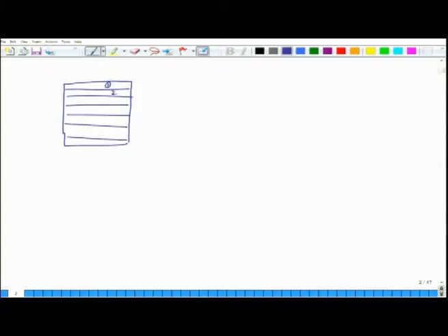This could be 1, 2, 3, 4, 5, 6, or whatever number of layers, and each layer could be different in terms of material properties, and also in terms of orientation.